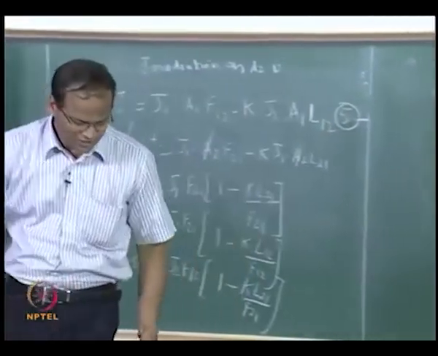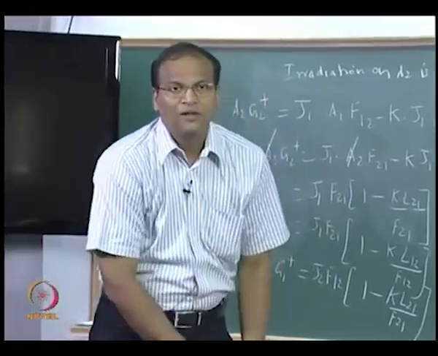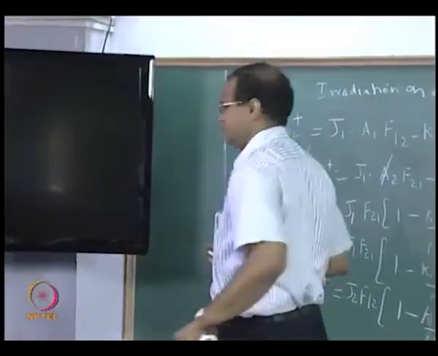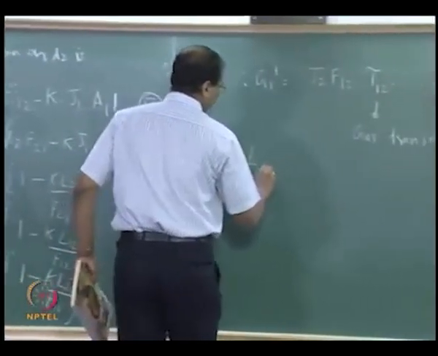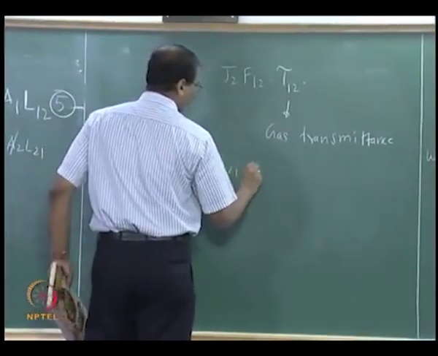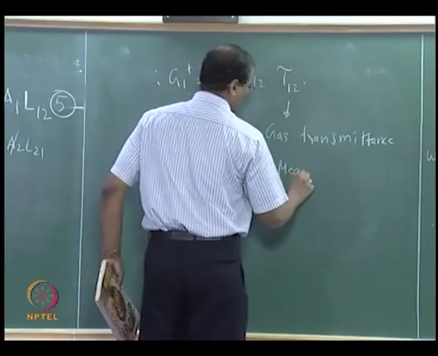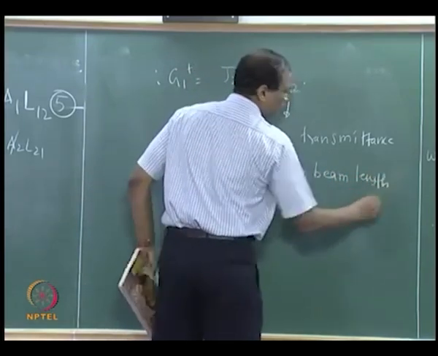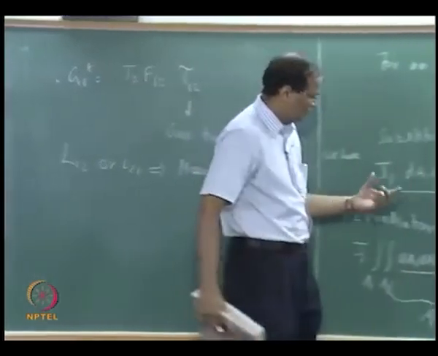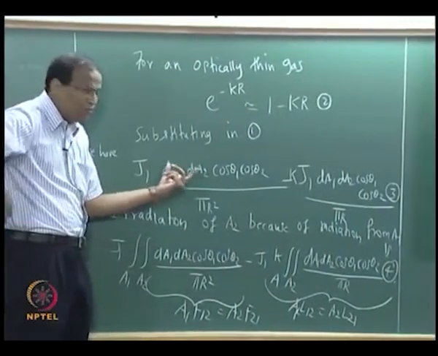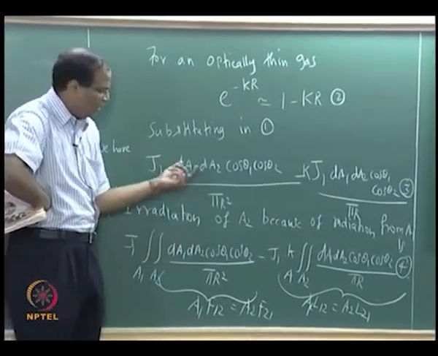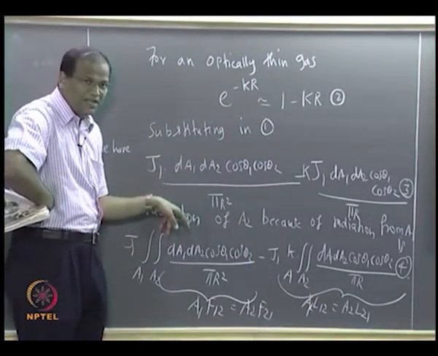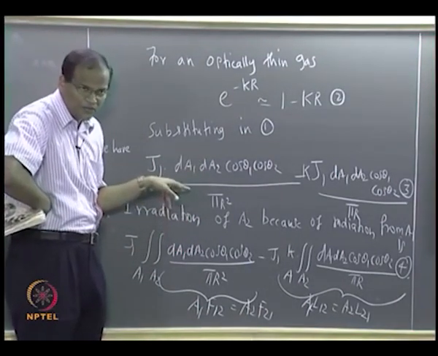Okay. What is this L12? This L12 or L21 is the mean beam length, okay. Because we are able to write this as a view factor, and by inspection we are able to figure out that A1 F12 is equal to A2 F21.